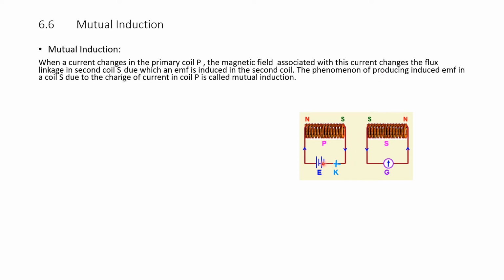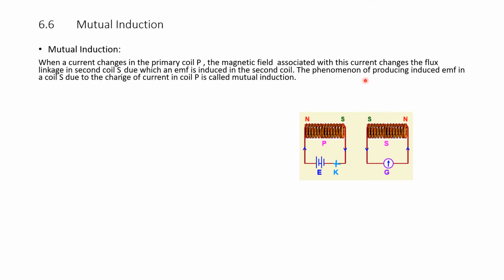As we know, due to self-inductance, a flux is produced here. This flux links with the secondary coil, because this secondary is close to the primary. Therefore, the flux produced here links with the secondary coil, and an EMF is induced in the second coil.